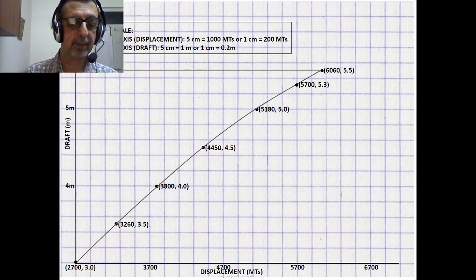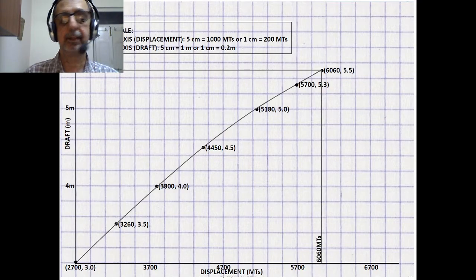Ship's light draft is 3 meters and the load draft is 5.3 meters. So let us first complete the markings on our graph. At 5.5 meters, we have 6060 metric tons.